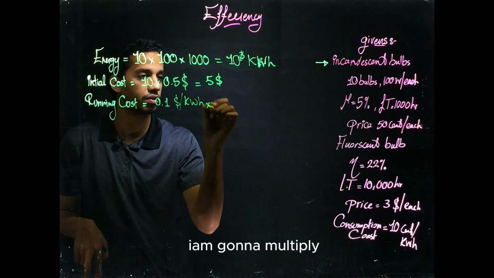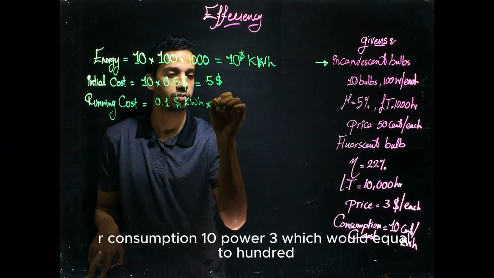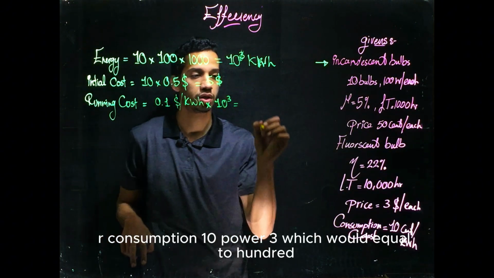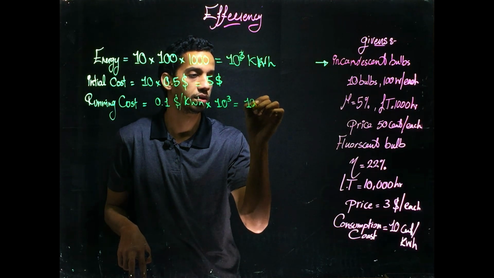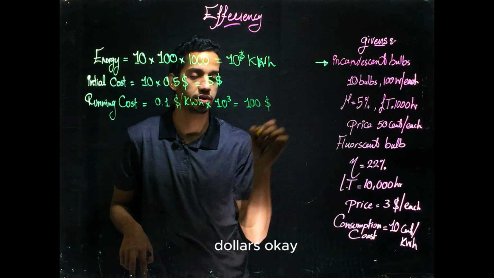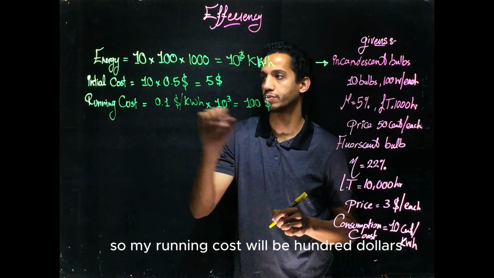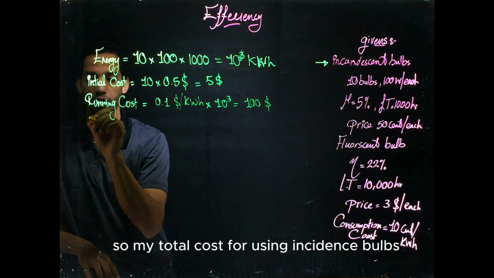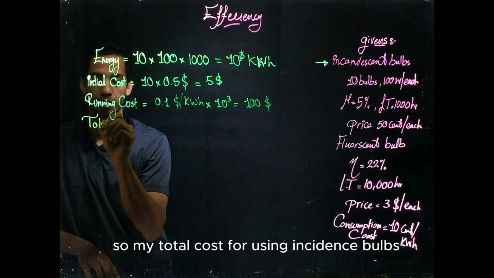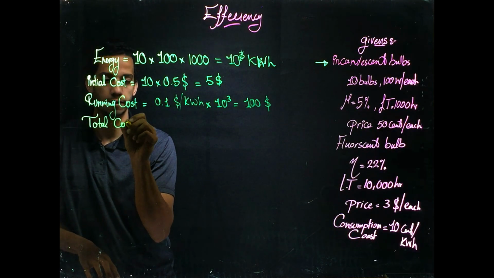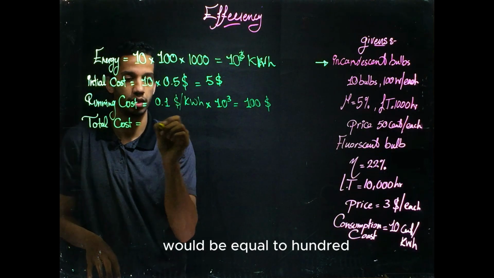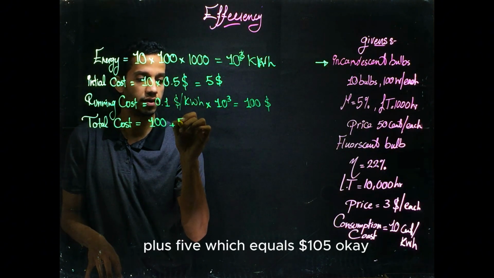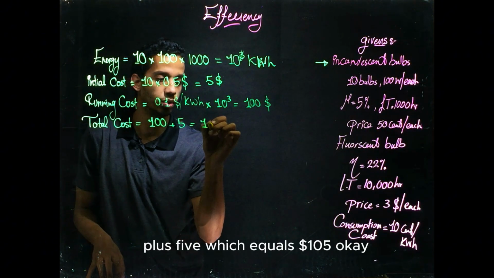I'm going to multiply by our consumption, 10 to the power 3, which equals $100. So my running cost will be $100, my initial cost will be $5. So my total cost for using incandescent bulbs would equal 100 plus 5, which equals $105.